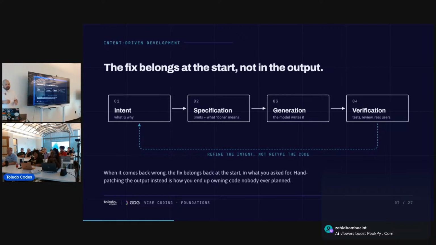The second step: what are the limits? What are the things that are out of scope for what we're trying to accomplish? And then defining what done means. If I'm going to ship a particular version of this software, what does done mean for that?